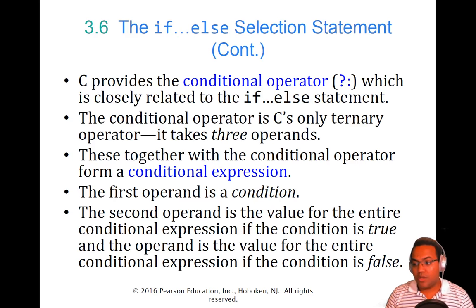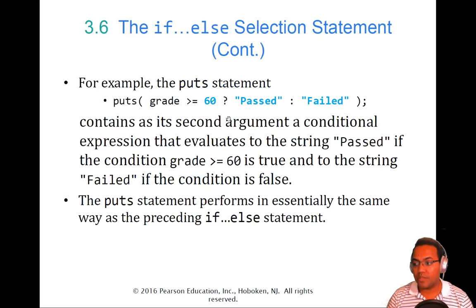So, conditional operators are also called ternary operators, and we use them in almost every language. The question mark and the colon stand for the following: you have your Boolean expression, grade is greater than or equal to 60, and then you'll have the question mark with the true statement, and then you'll have the colon after the true statement to annotate the false statement, like that.